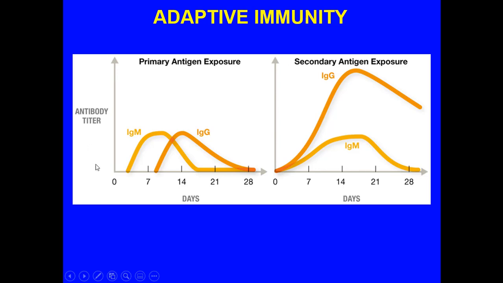So as we mentioned here, here's the antibody titer on the y-axis. This on the x-axis is days. First exposure, IgM takes over, and as it's starting to go down, then you get this revving up of IgG. But secondary exposure, notice the incredible skyrocketing increase in IgG, and you get the ho-hum, like, yeah, right, we're going over here for IgM, and then it drops down.